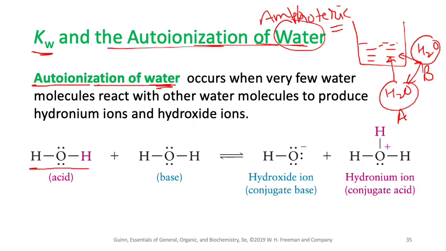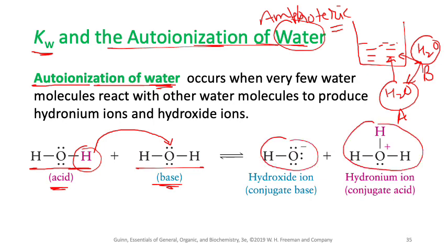So one molecule from the pure water can act as an acid, another one can act as a base. If this one acts as an acid, a proton is going to go from here to the oxygen of the base, and then you're going to make a hydroxide ion and a hydronium ion, right? So whenever any two molecules of water react by autoionization, you make a hydroxide ion and a hydronium ion.